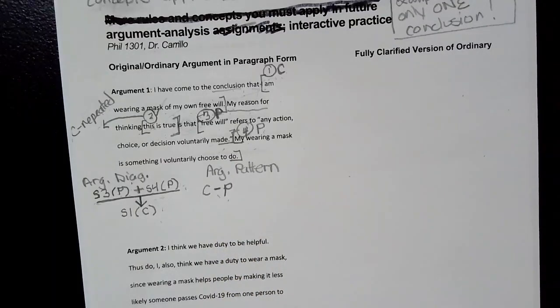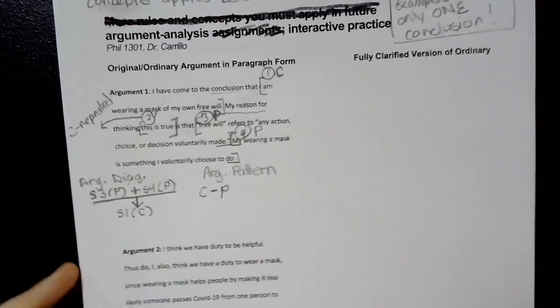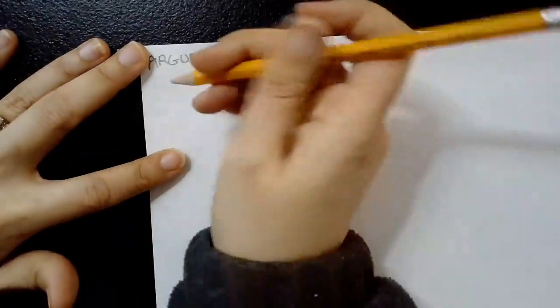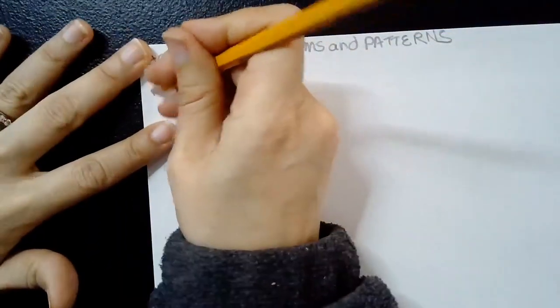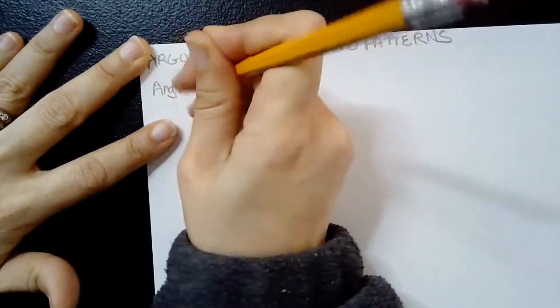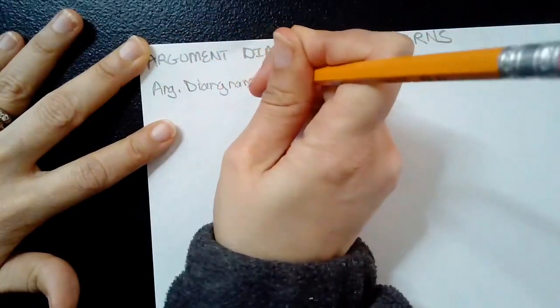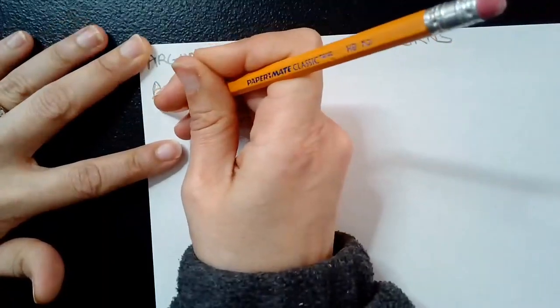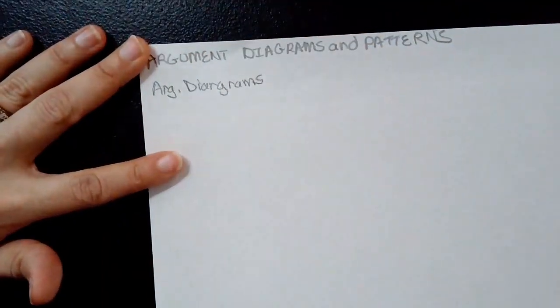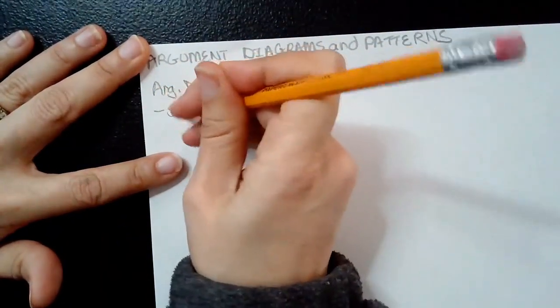All right, so to conclude this video, we're going to write down some rules about patterns and diagrams, and then we will just focus on applying everything that we have learned to the other arguments. Like I said, this is the longest video. So argument diagrams. Okay, so remember that you start with the premises.